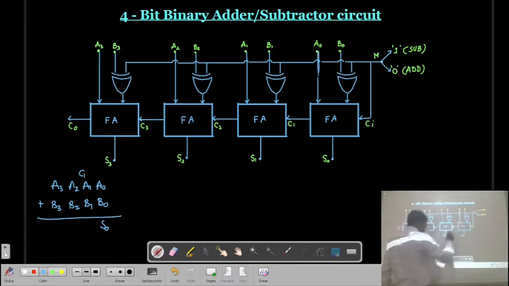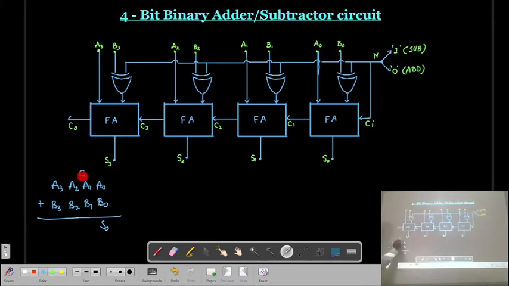A0 is input, B0 is also input through a control inverter, and the sum S0 and the carry C1 are generated. So here we have an addition of A0 and B0. Correct? Okay.